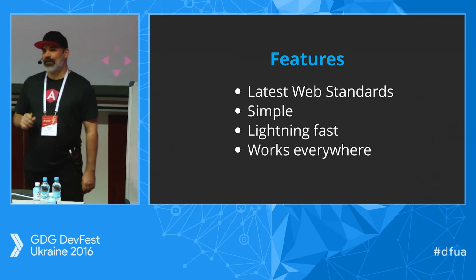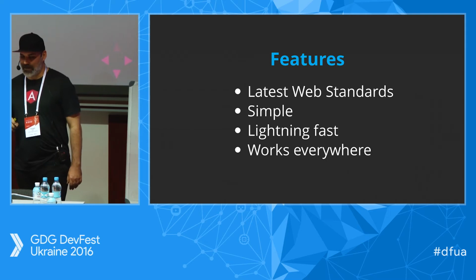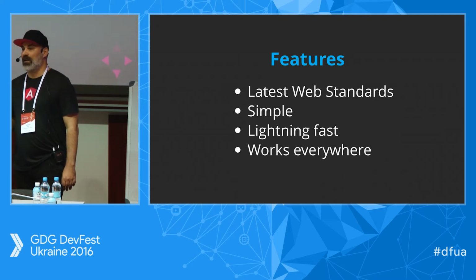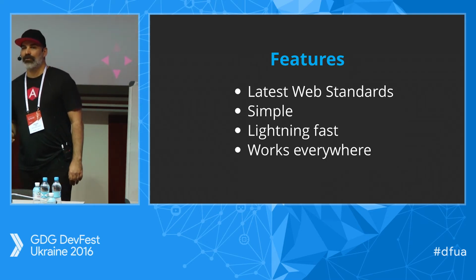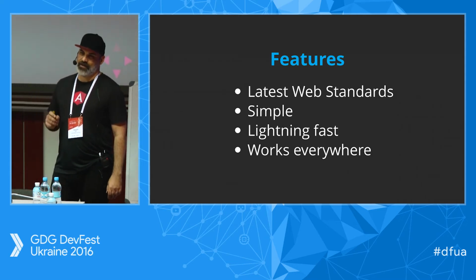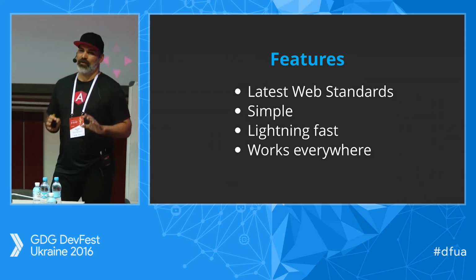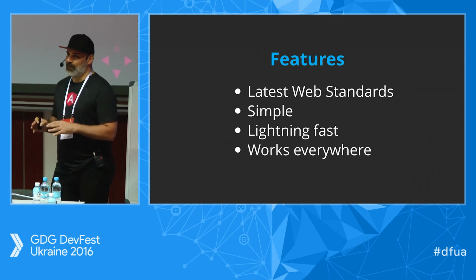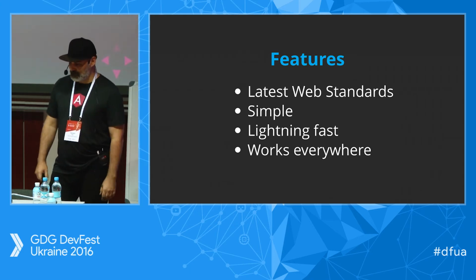And there's another feature that is a little bit unprecedented, which is that it works everywhere. Angular 2 can be rendered on the server and can also be used on desktop and native apps. So this is really exciting. I'm not going to show any mobile or desktop application, but it's good that you know it's there.